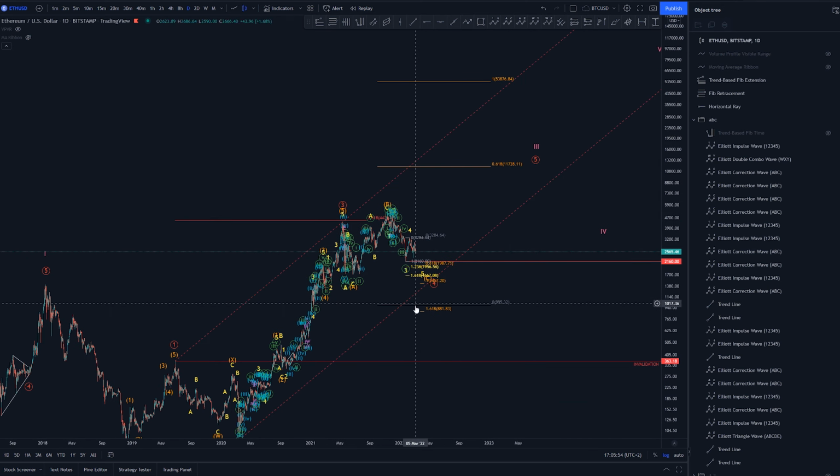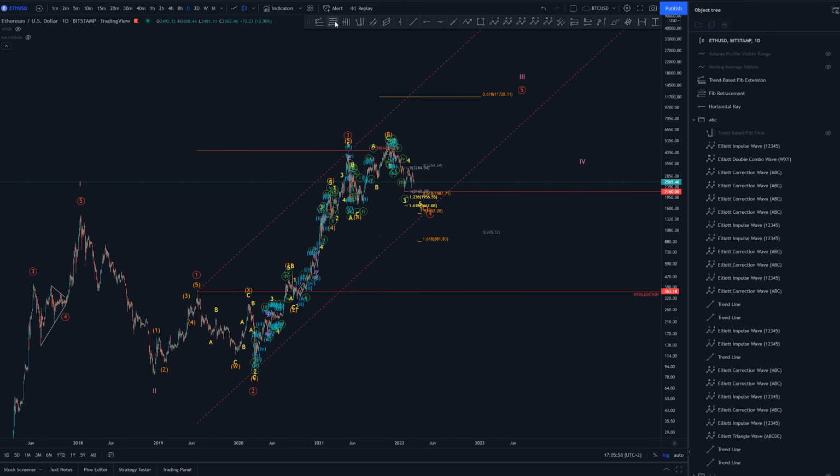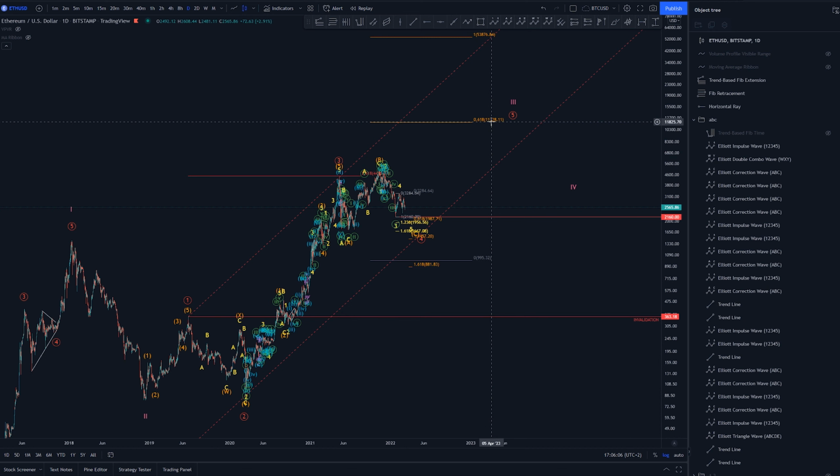And after that, as this wave 3 of primary was extended, we can check out the same way. Extension here, upwards. And this was the projection all the way from down here.